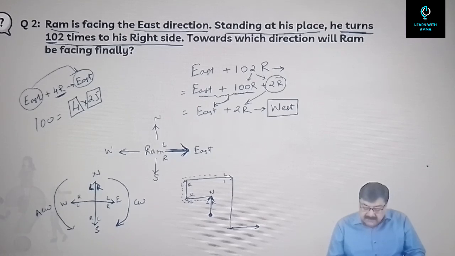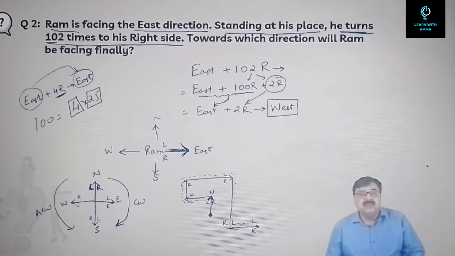L or left would stay on the same side. It won't change. So this is left, this is right. Finally, this is left, this is right. Now you know if he has to turn towards left, he has to move towards north. And if he's going to turn towards right side, he would be moving towards south. So this way you would know the left and right side of a person while you're drawing the diagram.